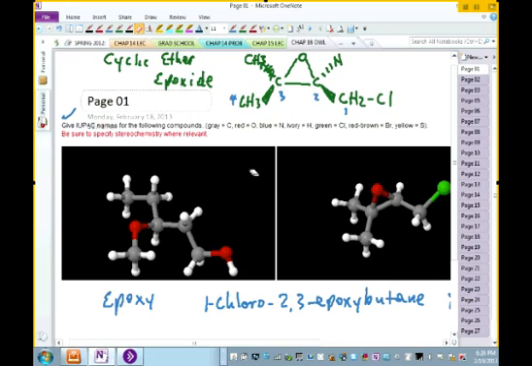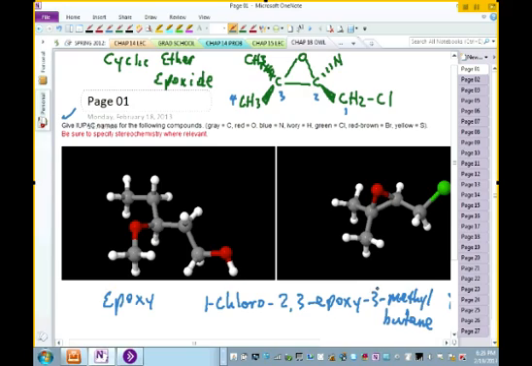Okay, 2,3-epoxy, 3-methyl, and the last part of the name, butane, right?